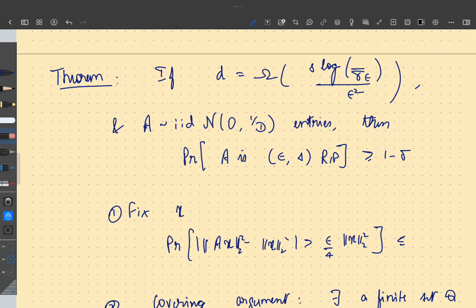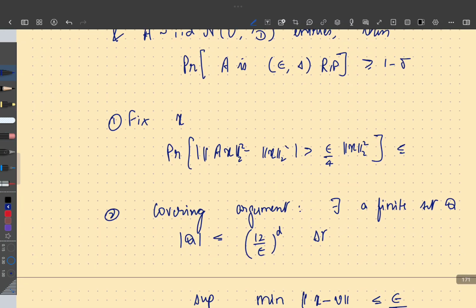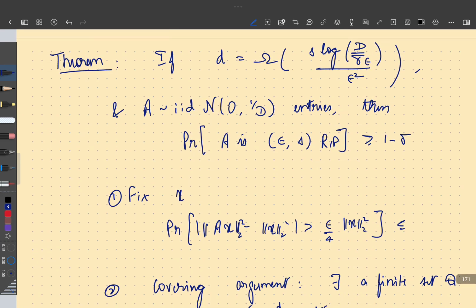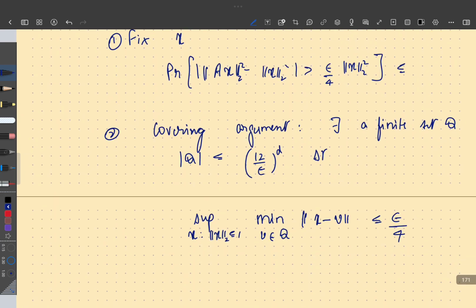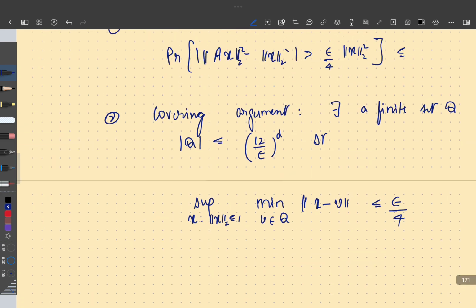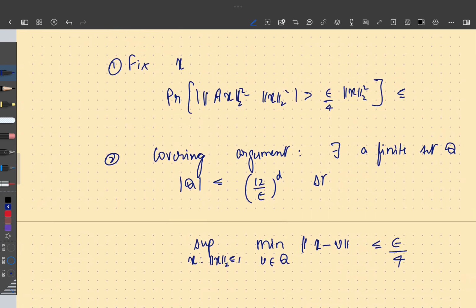This should have been capital D. The covering argument is for the L2 ball. It doesn't really require sparsity.